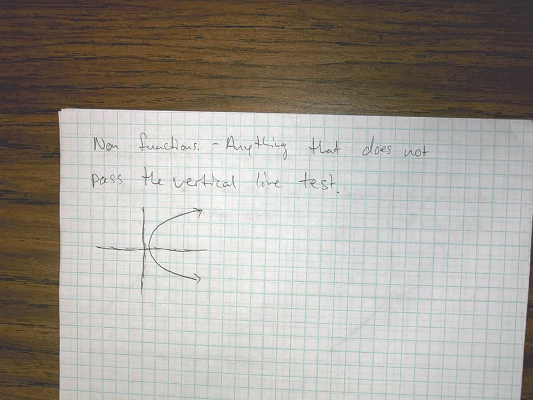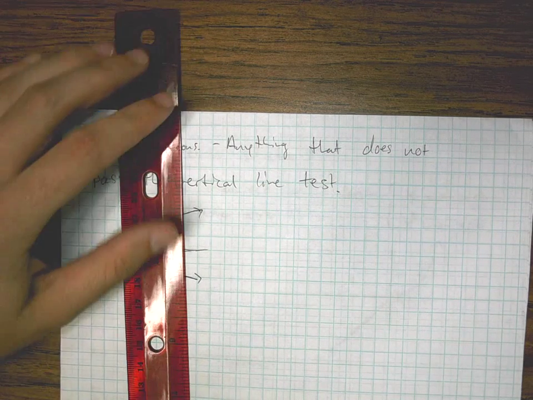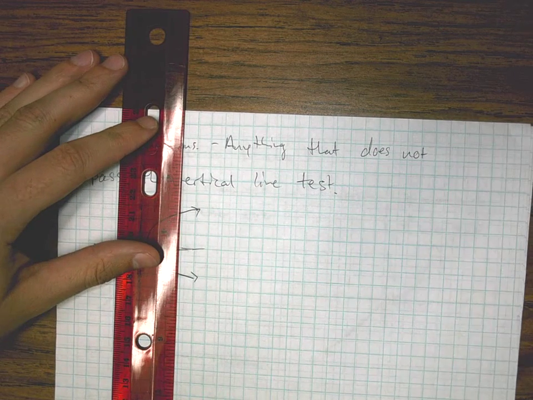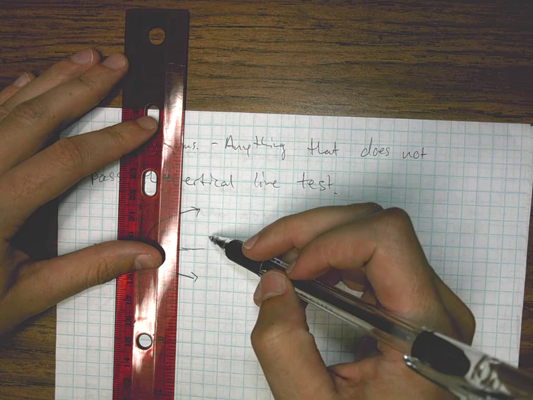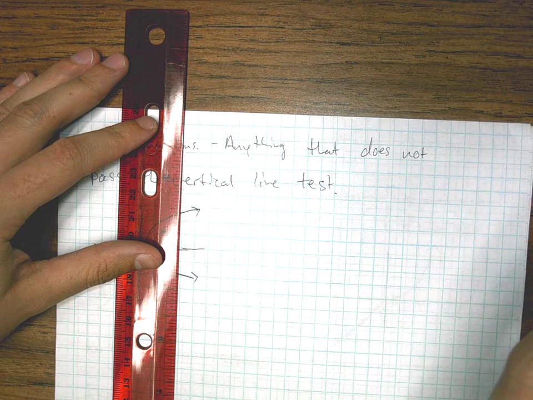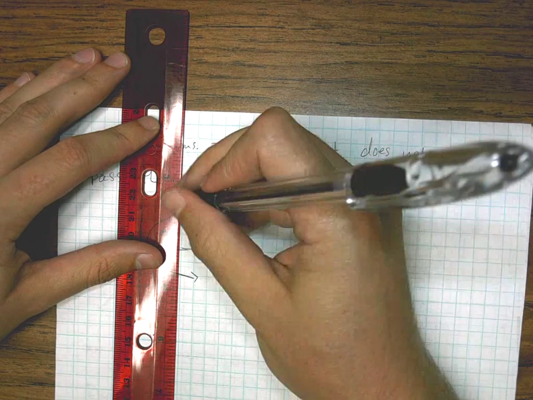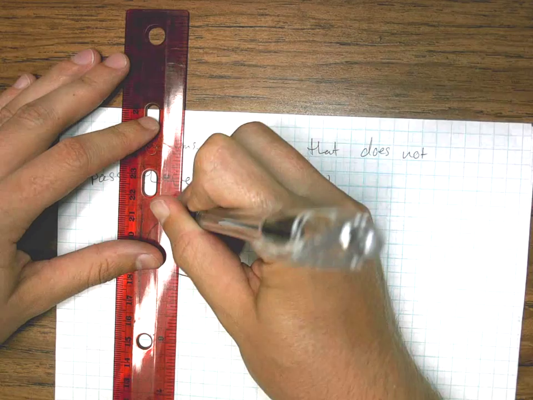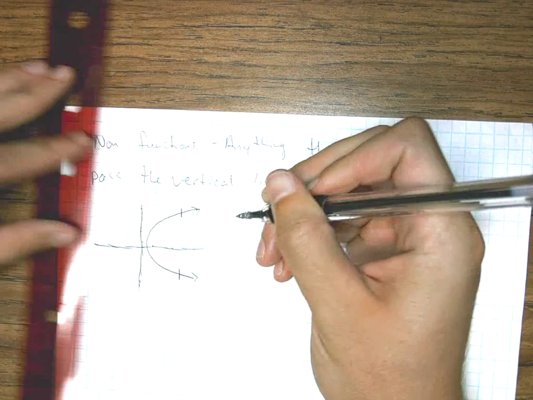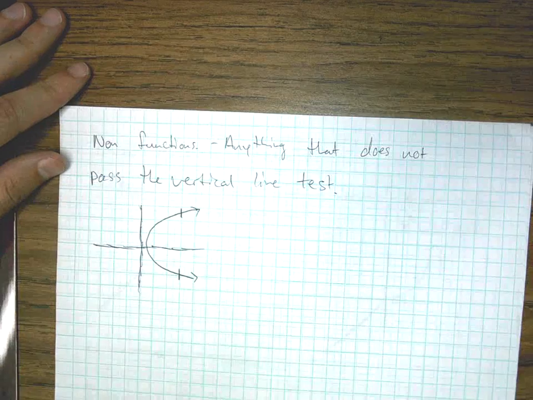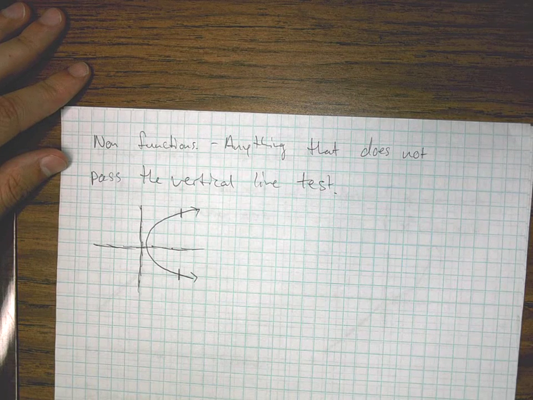If you were to take a vertical line, a straight edge, and you were to put that on the graph, if it touches in more than one place, so for example, we cross here and we cross here, it fails the vertical line test and it is not a function. Okay.